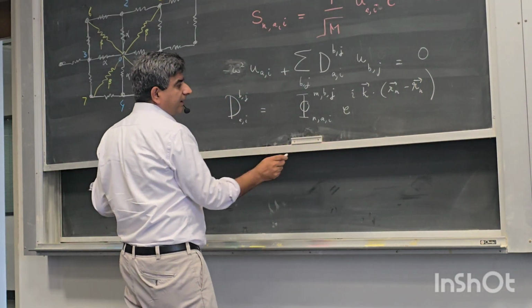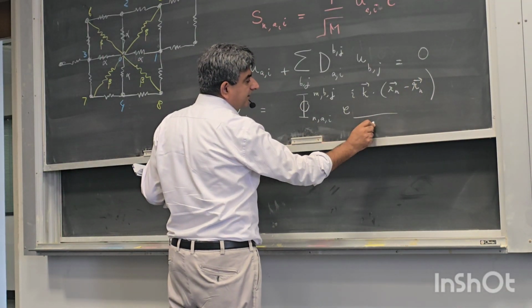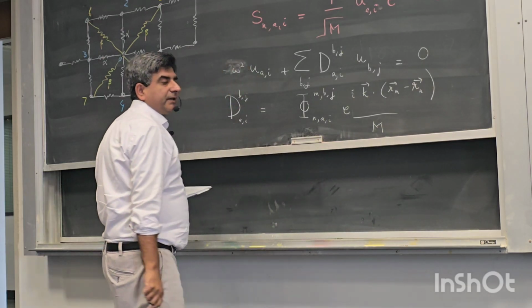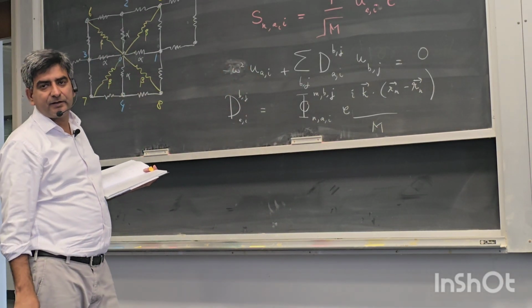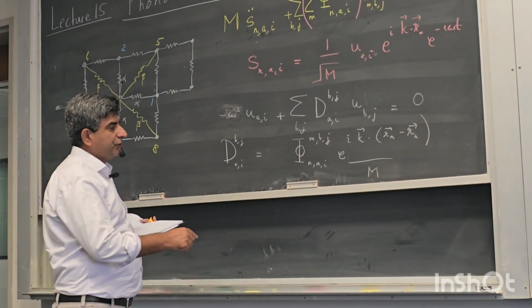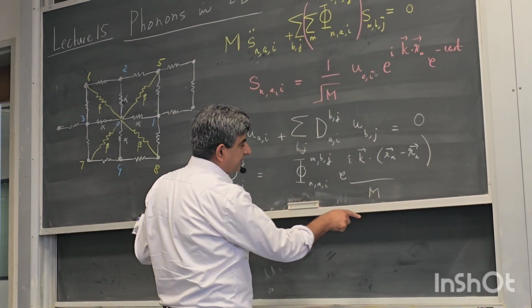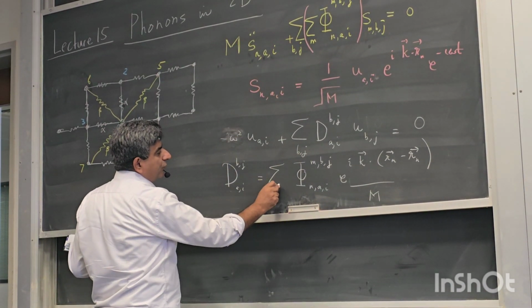If all the atoms are identical, this term is simply m in the denominator. If they're not identical, you need to multiply m A with m B and take the square root, and you sum up over all m's.